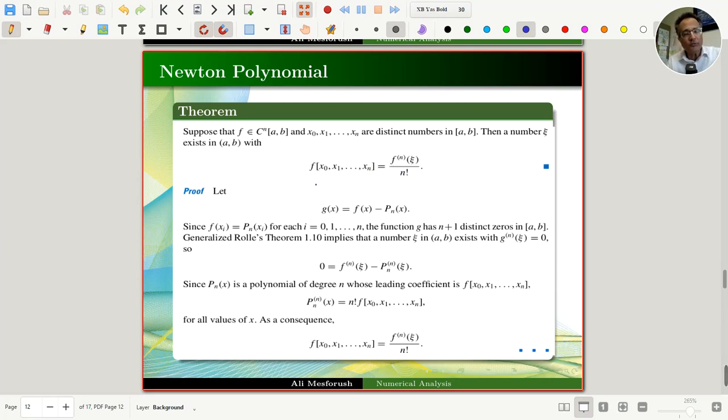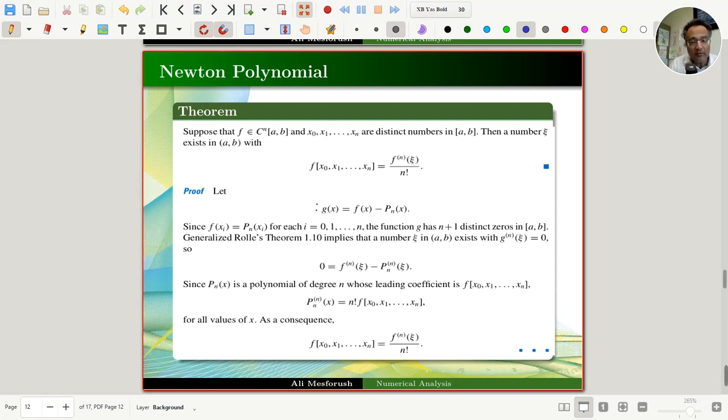If you want to prove this theorem, you have to define a function, call it g of x, to be f of x minus pn of x. We know that f of x and pn of x have a relation between each other, and pn interpolates f of x. So pn at each xi is equal to f at xi.